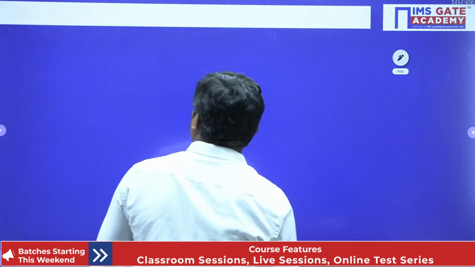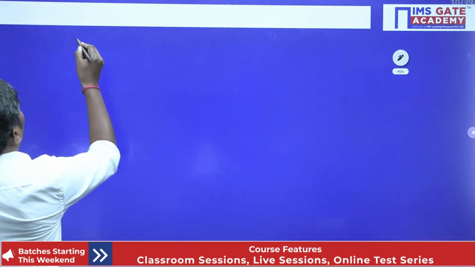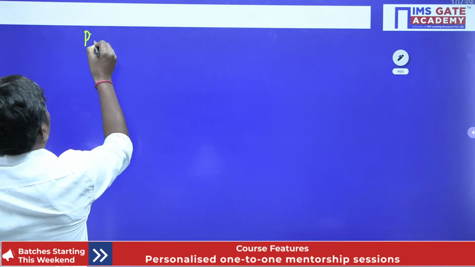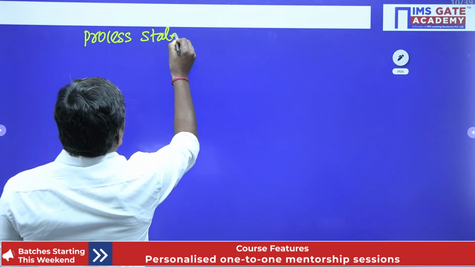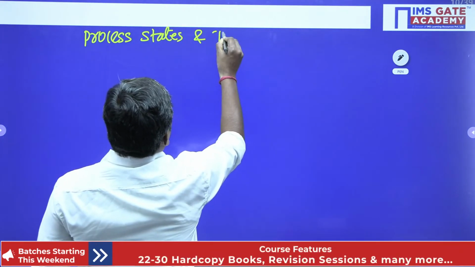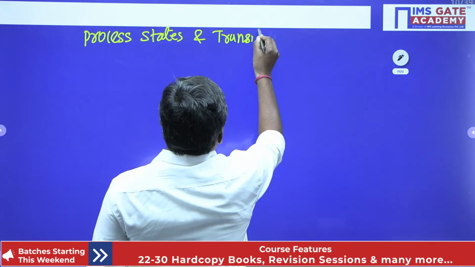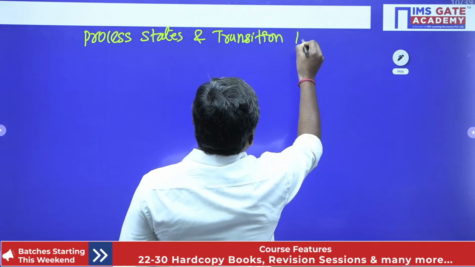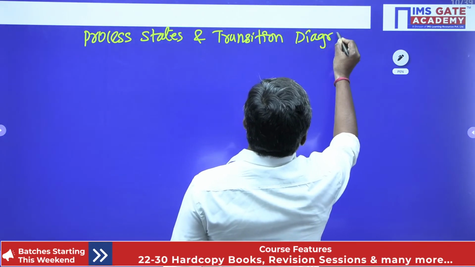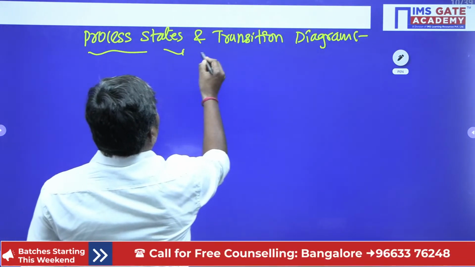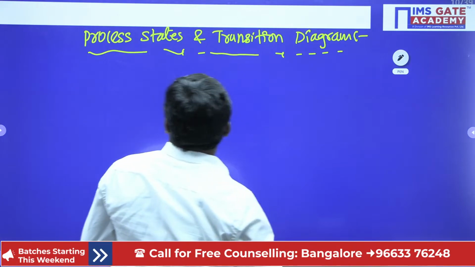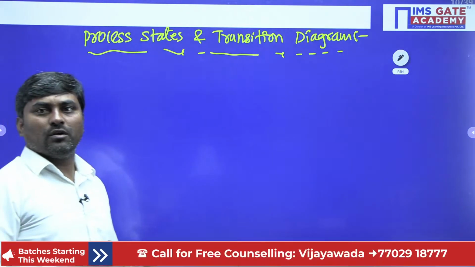So now, we understand the process states. Now let us observe the process states and their transition diagram, which is a very important topic. Observe, this is the very important thing.